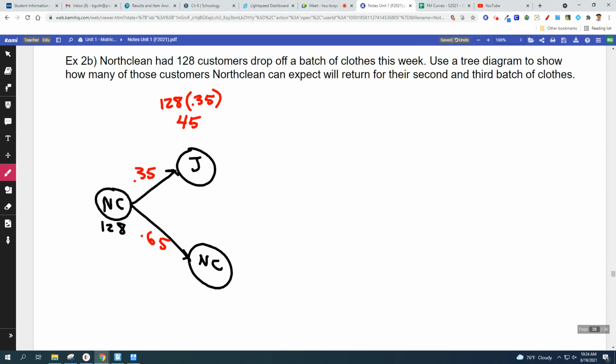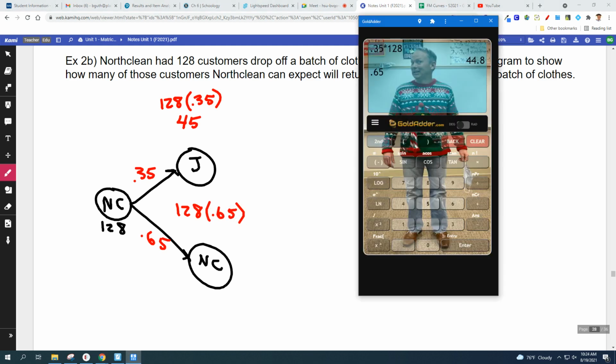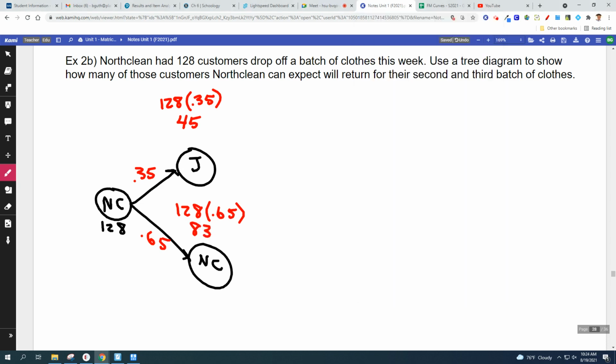All right, and 128 times 0.65 is 83. 83 plus 45 equals 128. But look at the question. How many of those customers can North Clean expect will return for their second batch? Well, second batch is 83, right? 83 right here. But now we need the third batch.